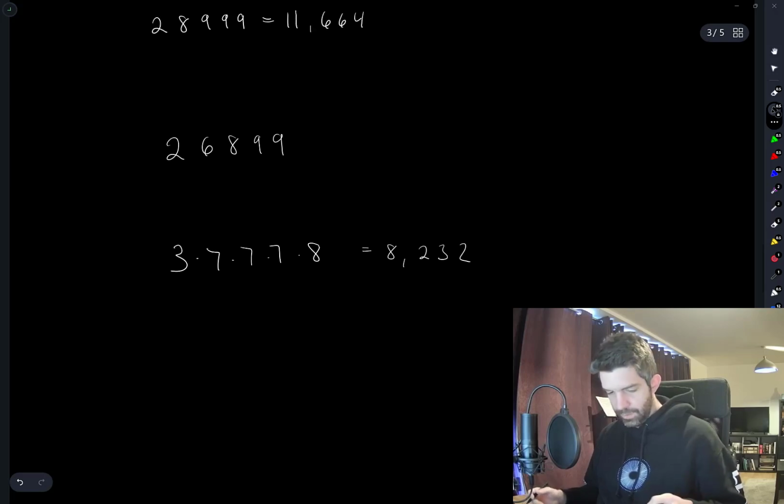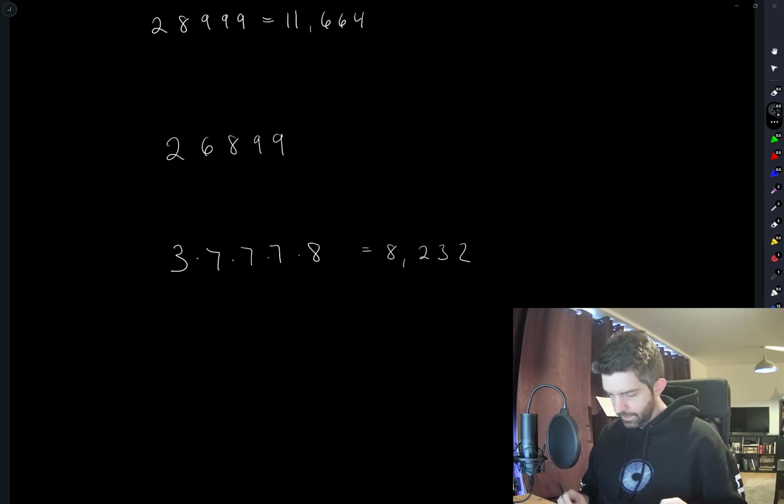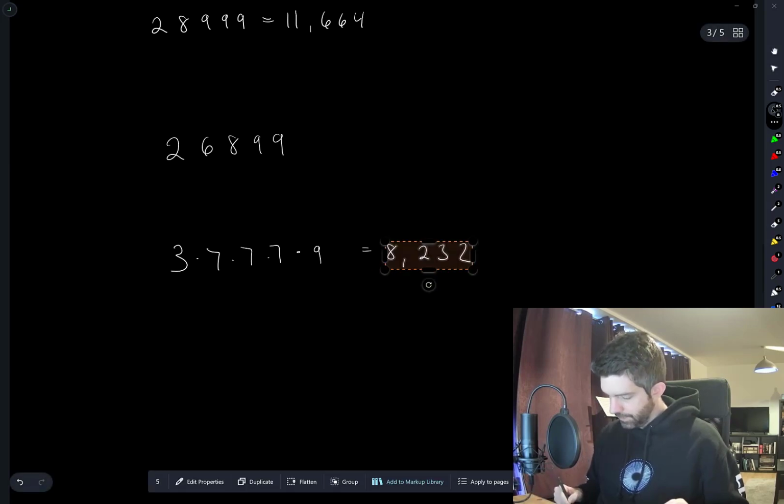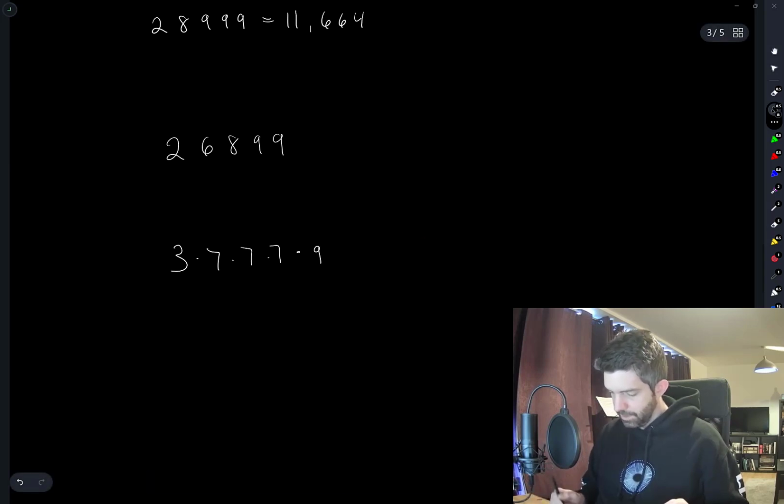And what if I replace that with a 9? Yeah, I can put a 9 here. This is still less than 10,000. I'm not going to write what the output is at this point. This is less than 10,000.